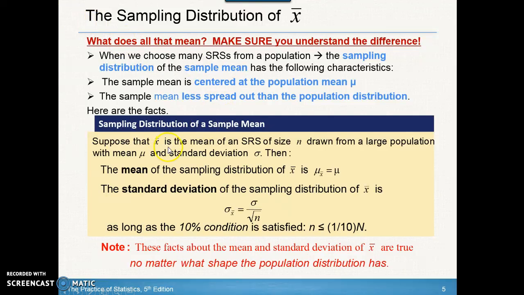Okay, so here are some facts. Number one, suppose that X bar is the mean of a simple random sample of size n. So that's just one of the sample means that you're putting in your sampling distribution. And it's drawn from a large population. We know the population has mean mu and a standard deviation sigma. The mean of the sampling distribution of X bar is the same as the population mean. Now, how do we get the standard deviation?